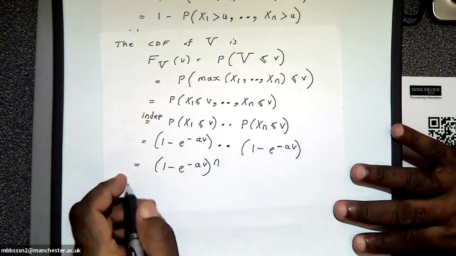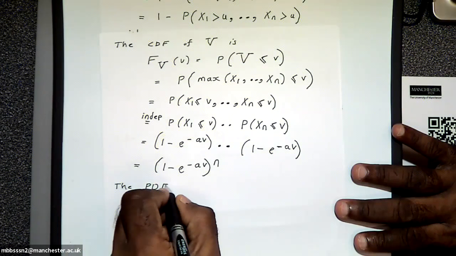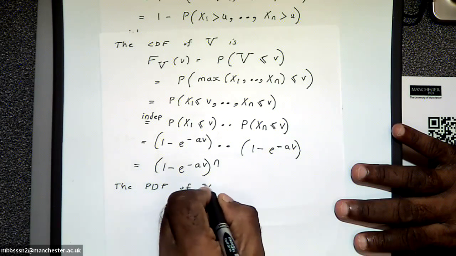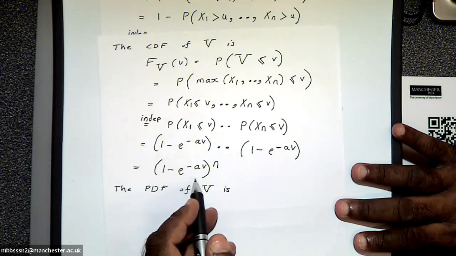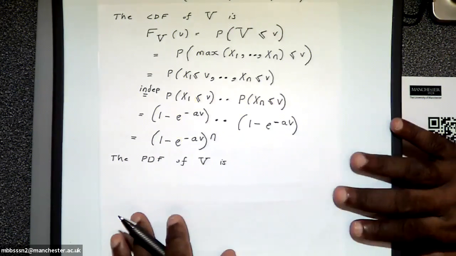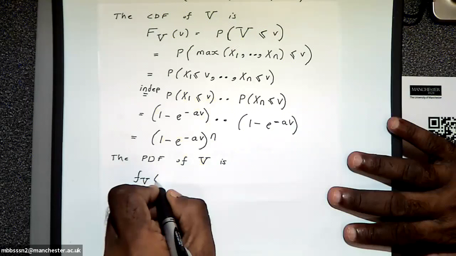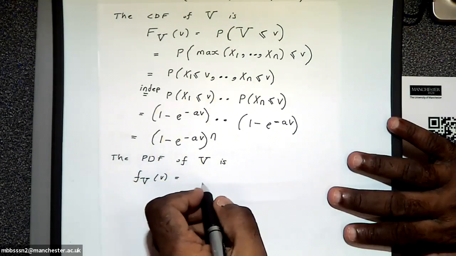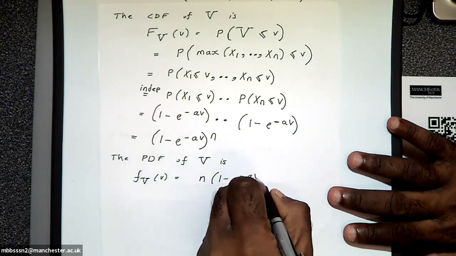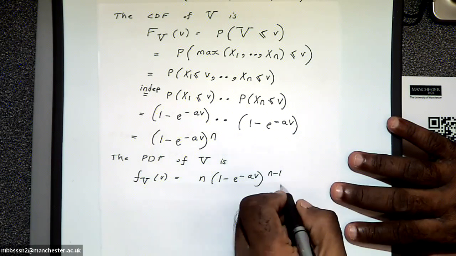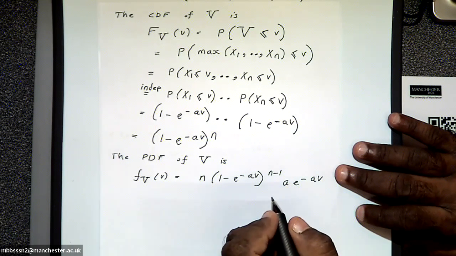All right, now the PDF. The PDF of V, you just differentiate this with respect to v, right? And if you do that, if you differentiate this, you get n times a e to the minus a v, times 1 minus e to the minus a v to the power n minus 1.